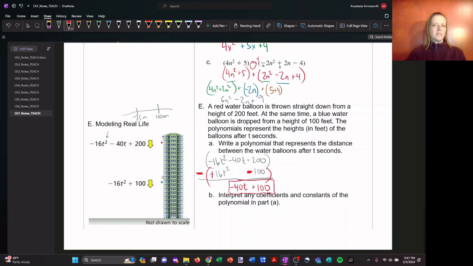So what does this mean in real life? How do I interpret these numbers? Well, because I've got a constant here, that constant tells me that the balloons start 100 feet apart.